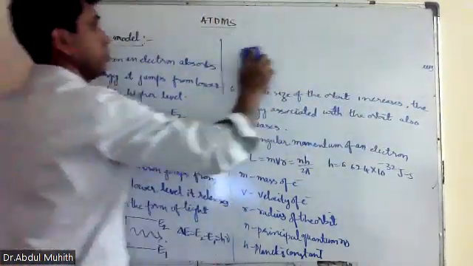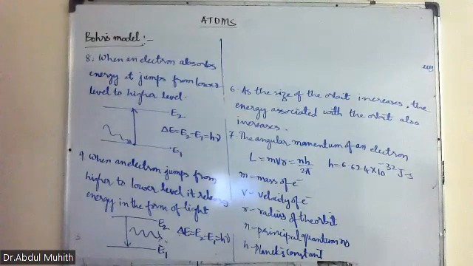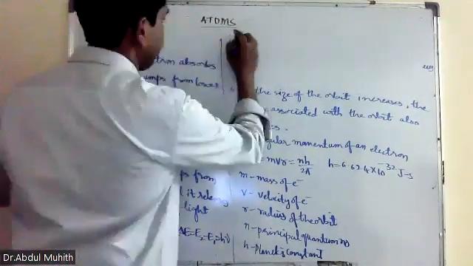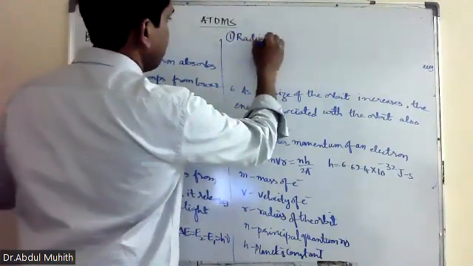Okay, done. We will go to the next one, that is the radius of the orbit.